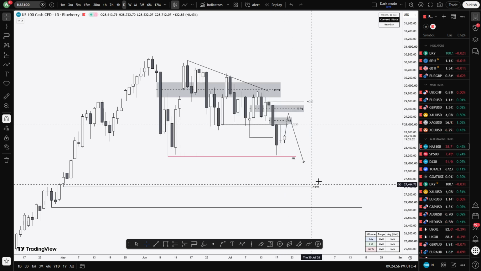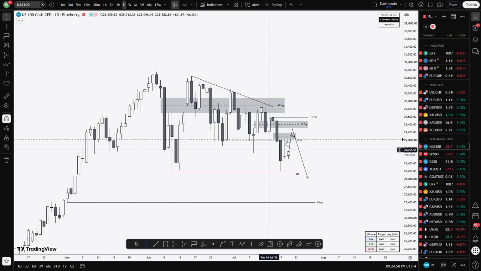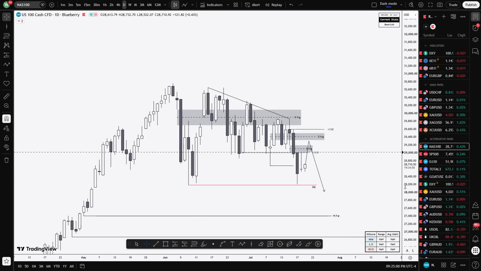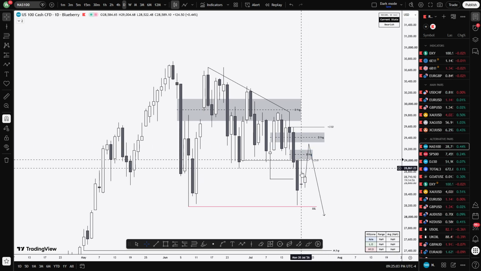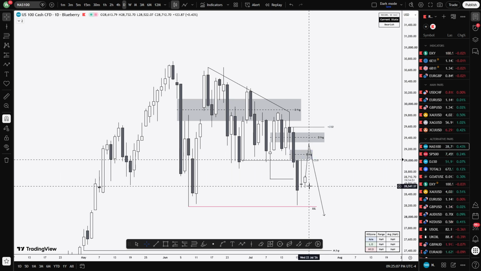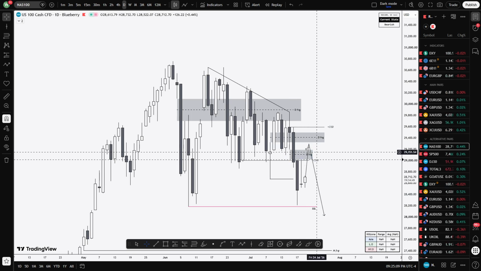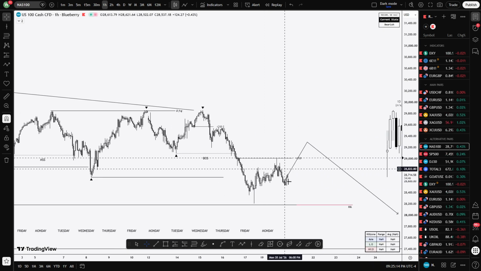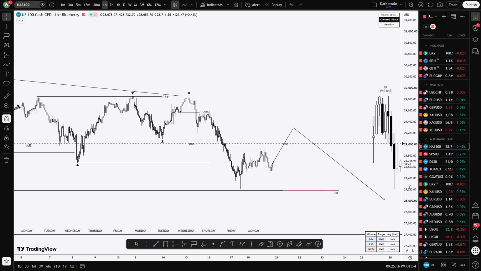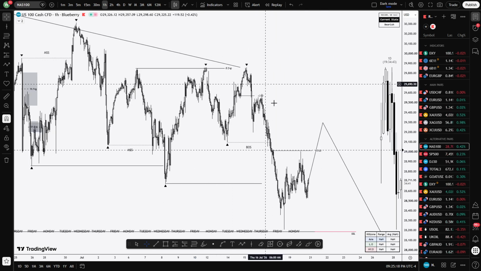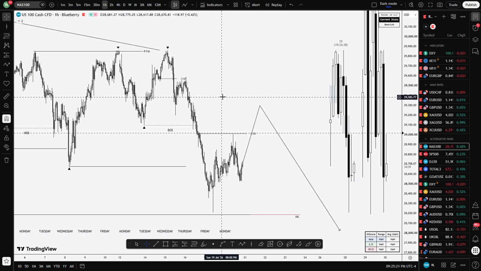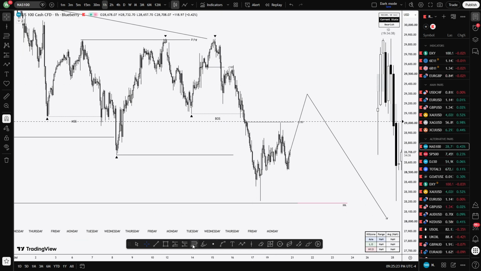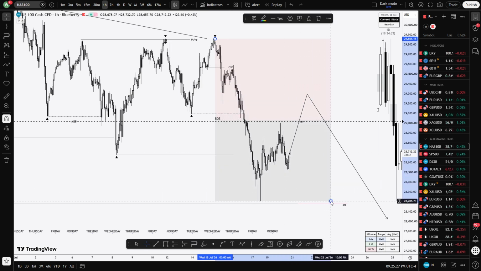Let's see. So I just put an alert here so that once price trades back above yesterday's high, I know what to do. I'll come here and then drop to my 1 hour to see how price reacts around here. So I'm expecting to go short on this market. This is the overall trend from this high to this low.